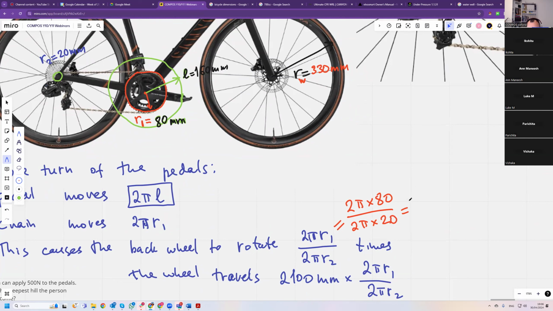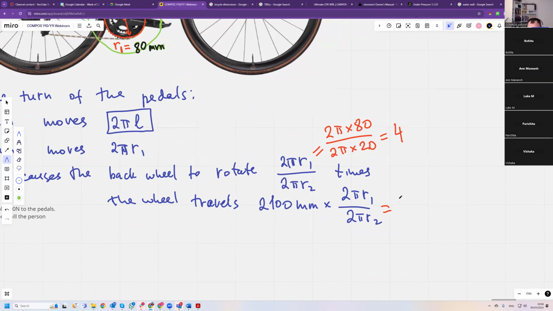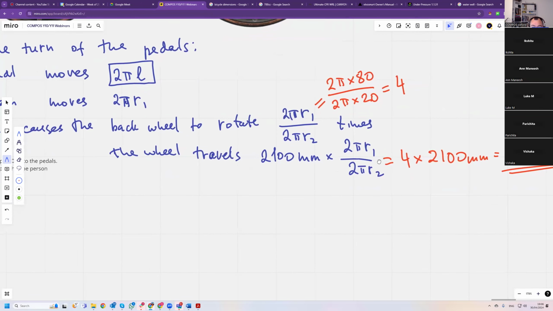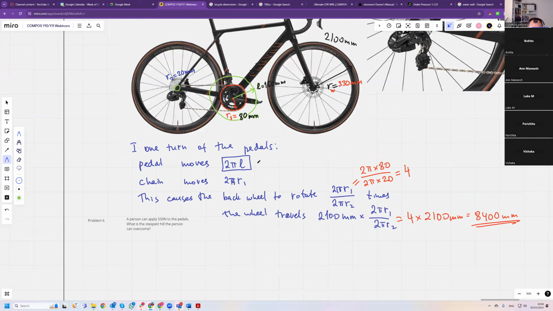So that is 4 times. The wheel travels 4 multiplied by 2100 millimeters. So that is 8,400 millimeters.